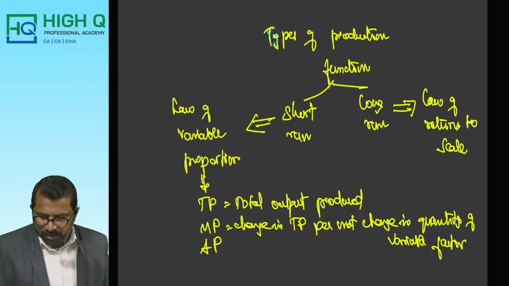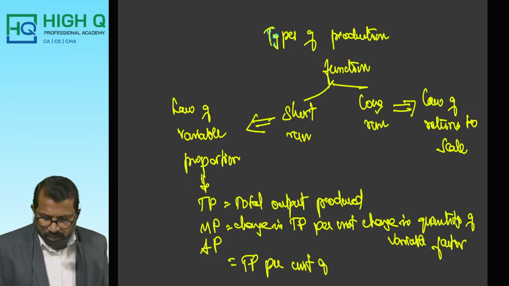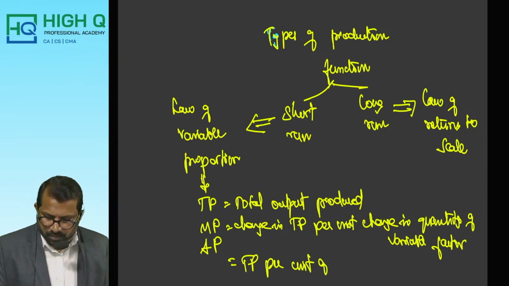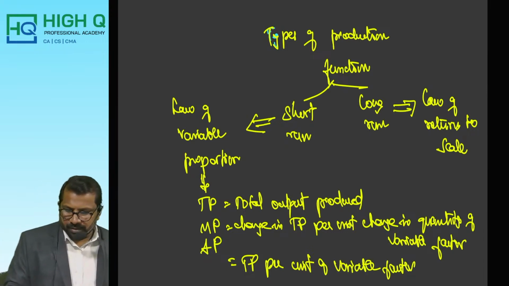Average product is total product per unit of variable factor.